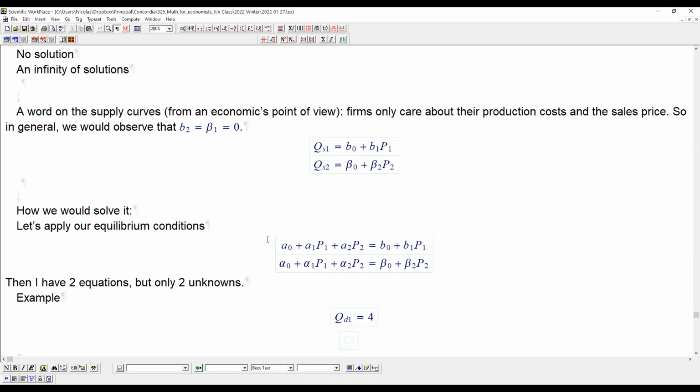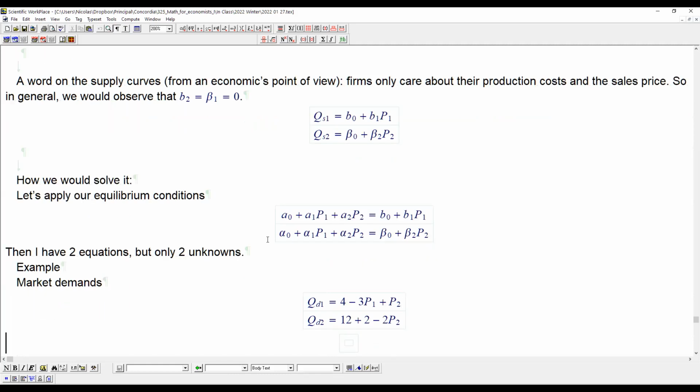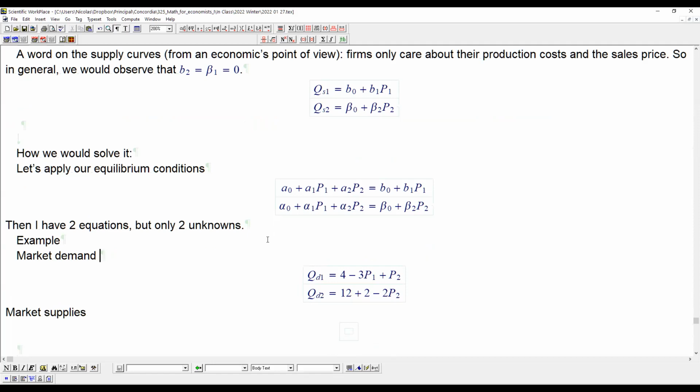QD1 equals 4 minus 3P1 plus P2, and QD2 equals 12 plus 2 minus 2P2. So then, the market demand equations.